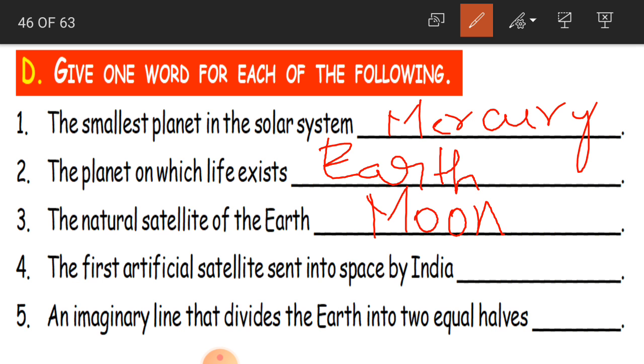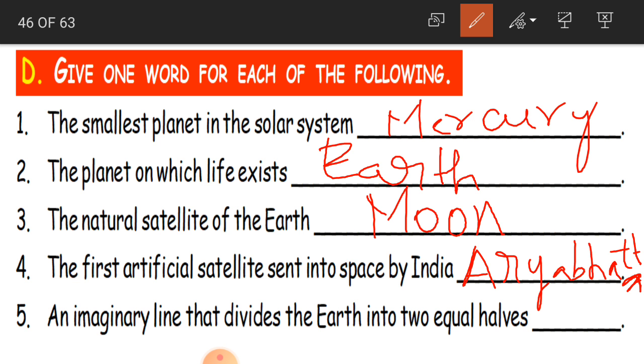But from our country India, the first artificial satellite sent into space, what is the name of that satellite? It is Aryabhatta. Okay, children, this is Aryabhatta.